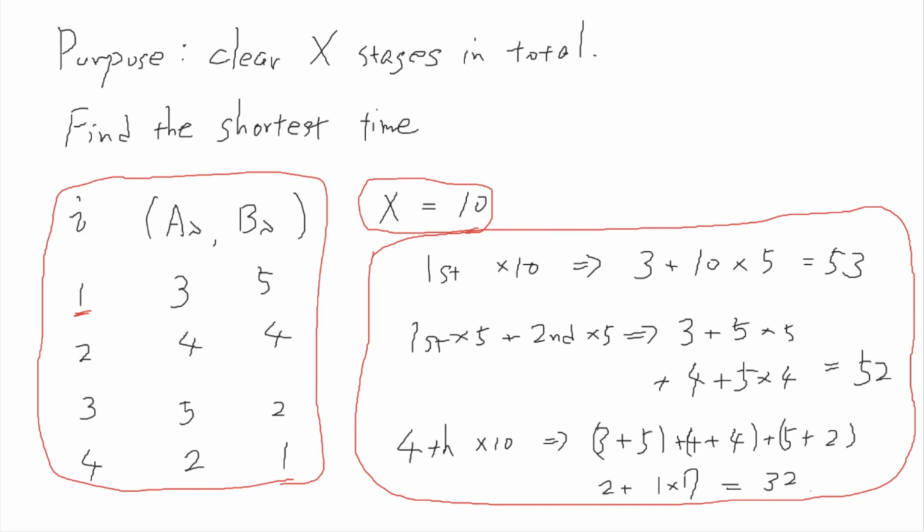The first case is you clear the first stage 10 times. It takes 3 plus 10 times 5, which equals 53.